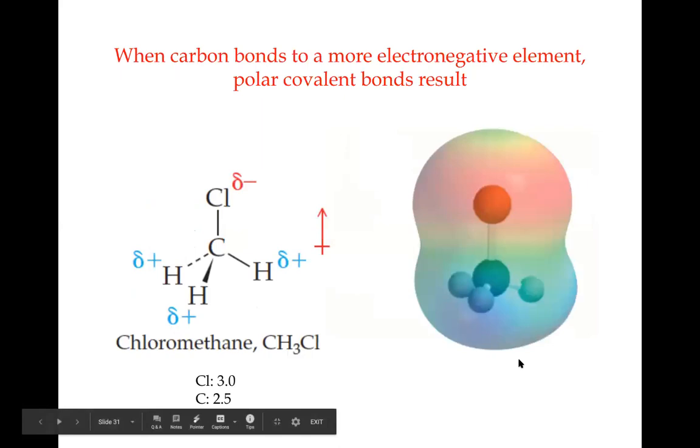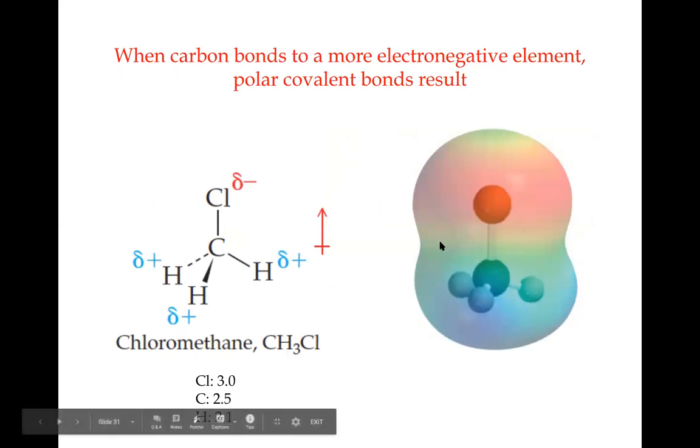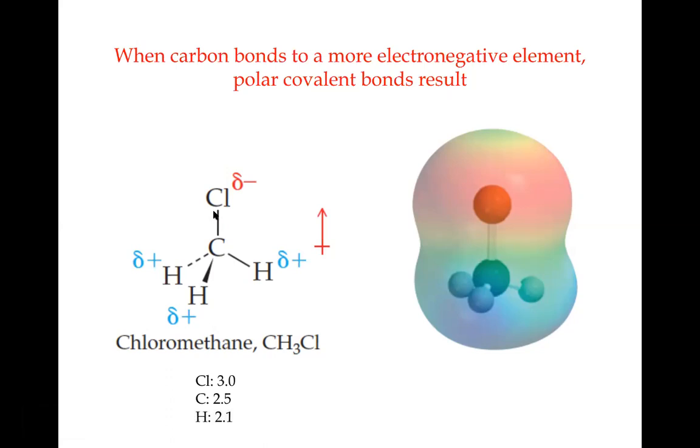When a carbon binds to a more electronegative element, you get a polar covalent bond. Remember those, right? So carbon has an electronegativity of 2.5. Chlorine has an electronegativity of 3.0, and that's greater. The difference between those is greater than 0.4. So that means it's going to be a polar covalent bond.